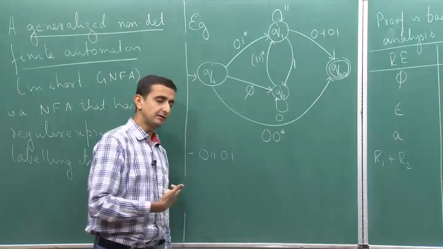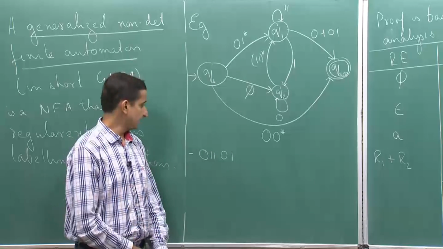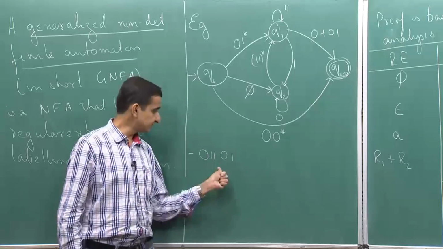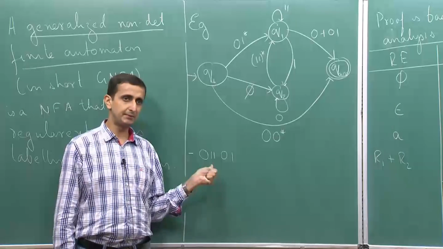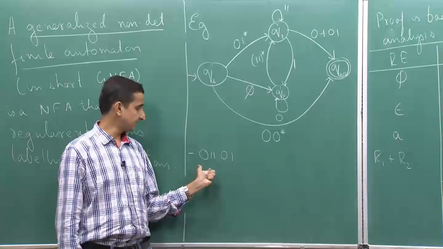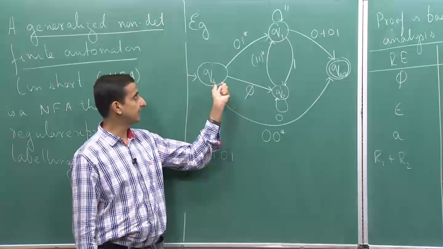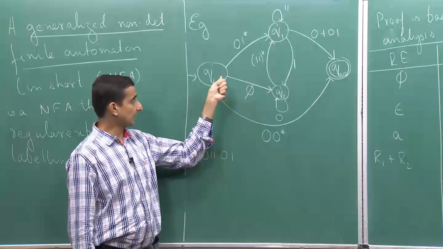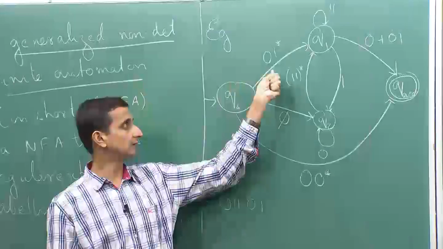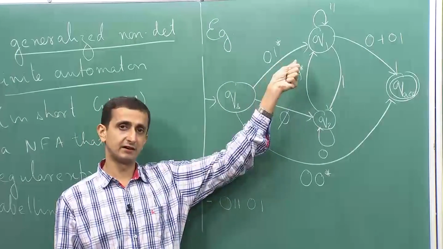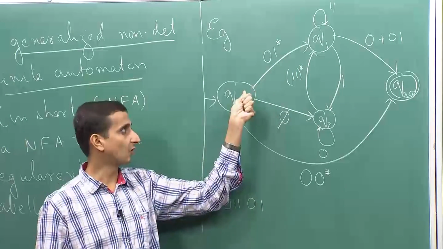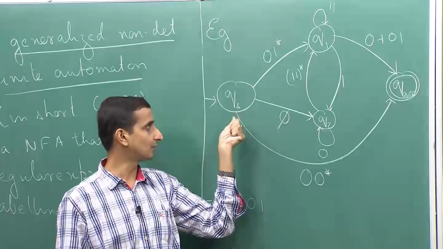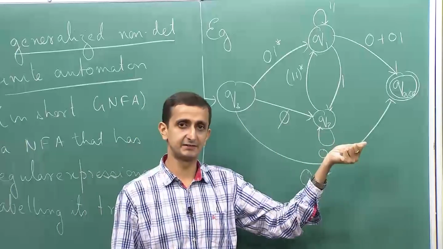Basically, the way a string is accepted is by partitioning the string into parts, such that each part is in the language of the regular expression of a transition, and concatenating them I get a path from the start state to the accept state.